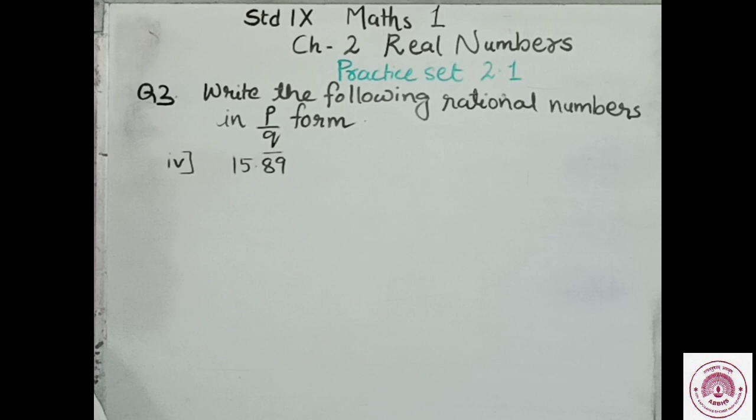Now you can subtract this. 100x minus 1x is 99x, which is equal to, when you subtract this too, you can subtract here 1589.89 bar minus 15.89 bar. Okay. So how do we subtract?